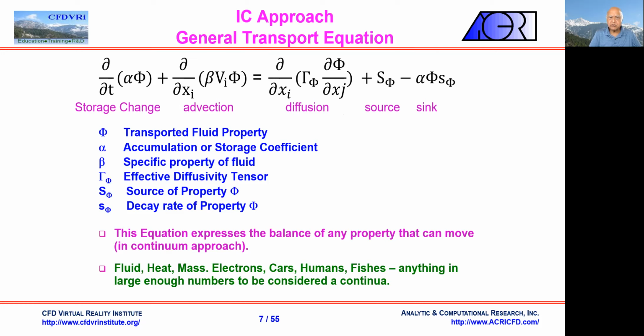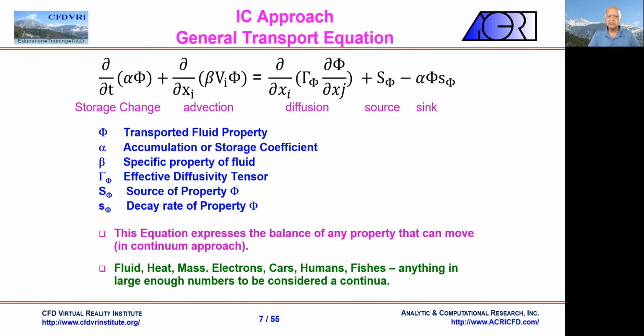The contribution that Imperial College Spalding made was to say that let's generalize anything that can move. Anything that can move can be described by this general transport equation. The change in the storage is given by the d by dt of the phi quantity. Flux is of two kinds. Advection is one which moves with the velocity of the fluid.